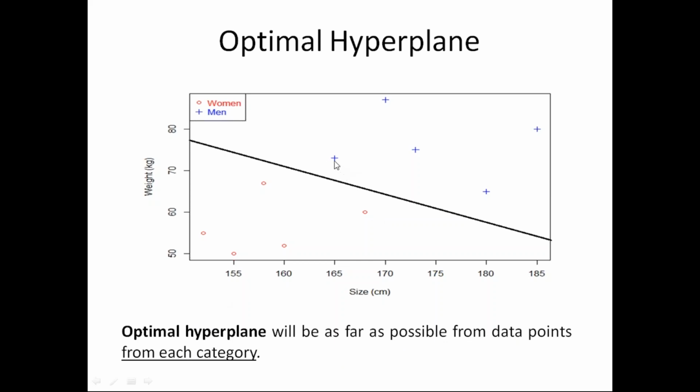So what is the nearest data point from each category? This one and this one, and here this one and this one. So you choose the nearest data points on the boundaries, and you get that plane just in the middle. That's the optimal hyperplane.